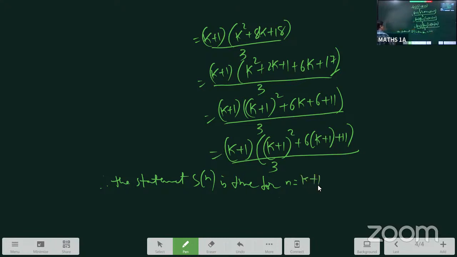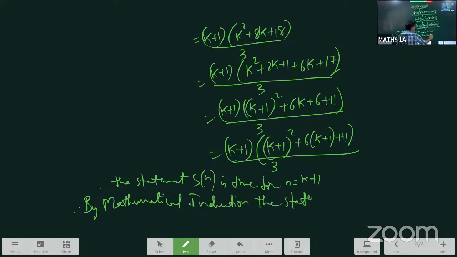Therefore, by mathematical induction, the statement S of n is true for all n belongs to N. This is how you are going to do.